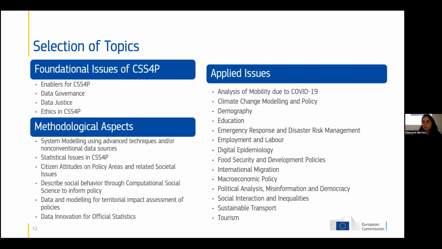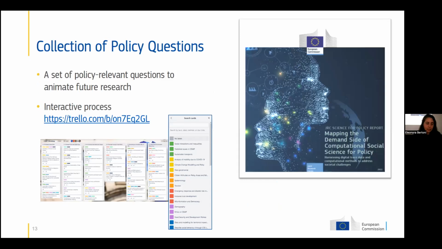So after identifying these topics, what we did was start an interactive and also iterative process with different scientists at the JRC and also in the policy DGs. We asked them to help us map relevant policy questions for each of those topics, and we used this interactive tool, which is a Trello board, though one can think about using any other tool that is available out there, where we were fostering a little bit the dialogue between science and policy.